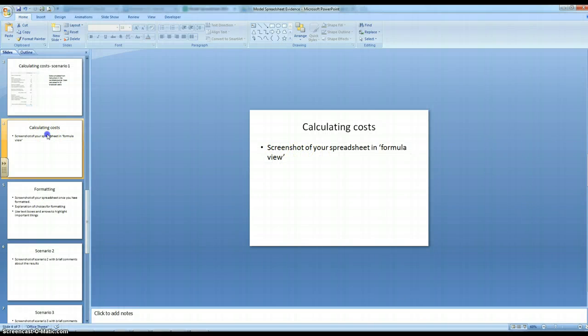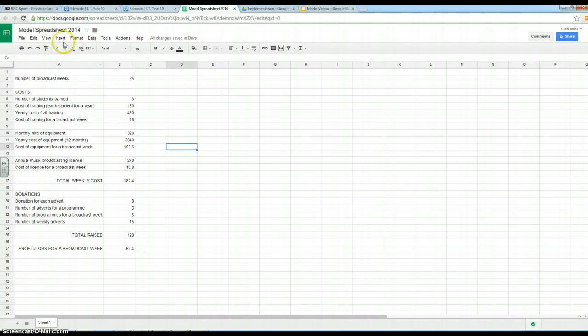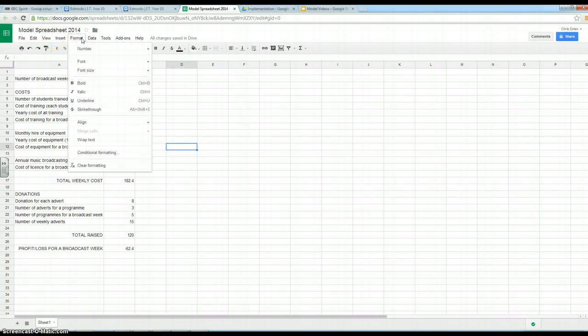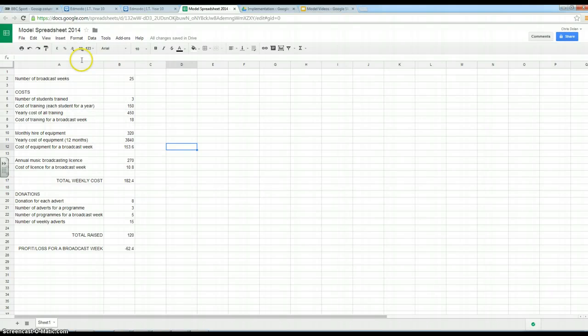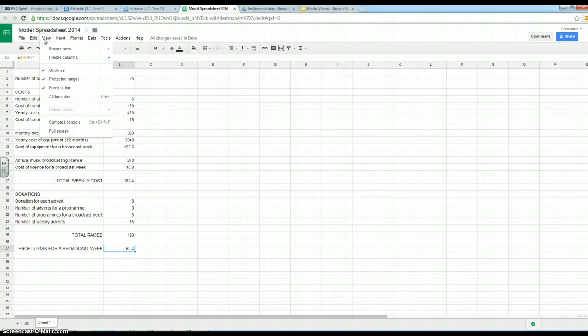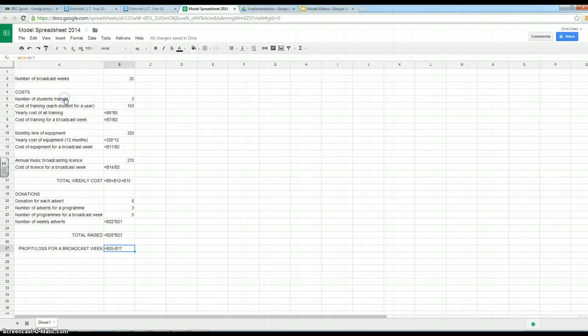To complete that, we need to go on to the next slide, which asks us to put the screenshot of your spreadsheet in formula view. So this is showing how we've calculated things, and to do that you go to view and all formula, and that shows how you've calculated things.